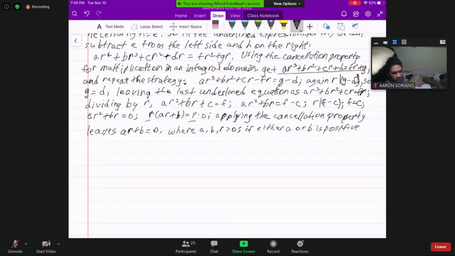So A and B are positive. They're digits, so they have to be non-negative.